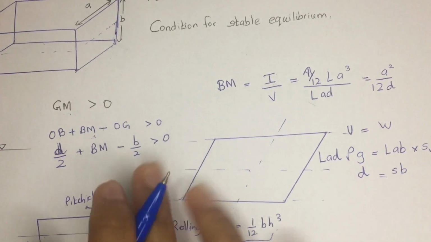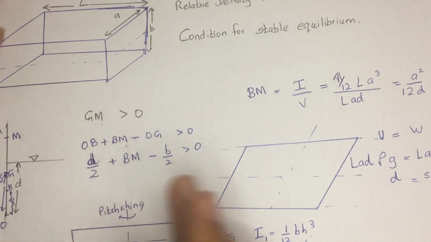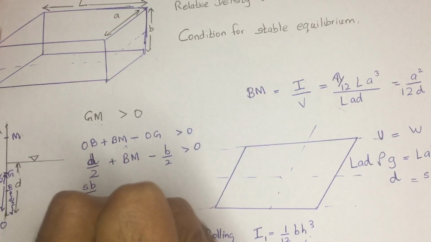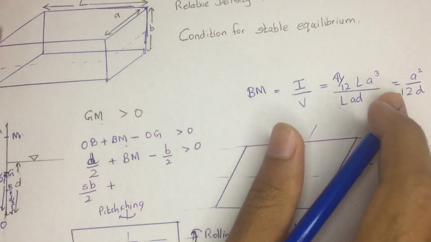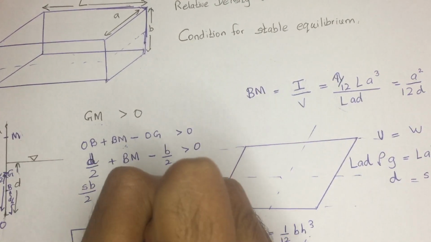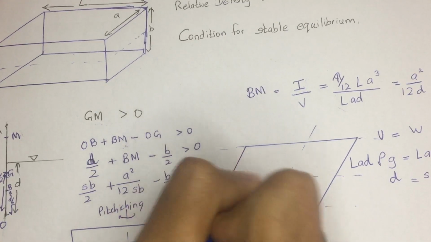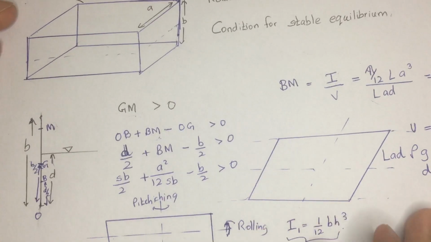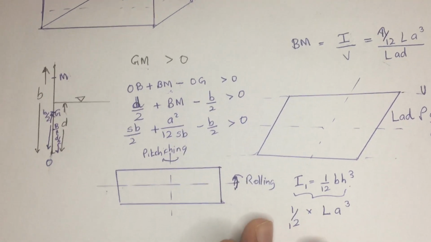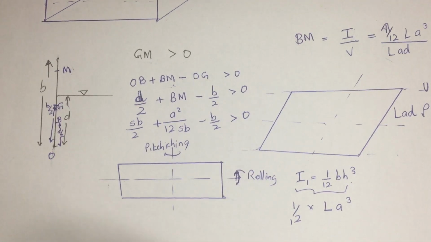So now we are going to substitute all the values over here. So I'm going to use this D is equal to SB over here, it is going to be SB by 2 plus BM. We have actually found that it's going to be A squared over 12D, which is SB minus B by 2. So we need to solve that. So when you are solving that, let me write it over here.